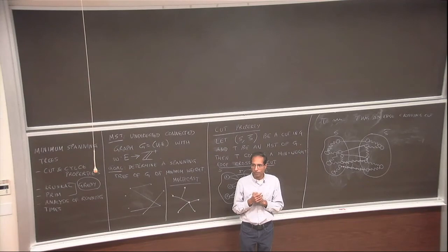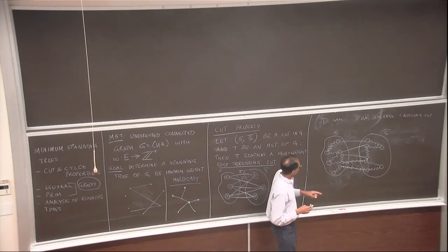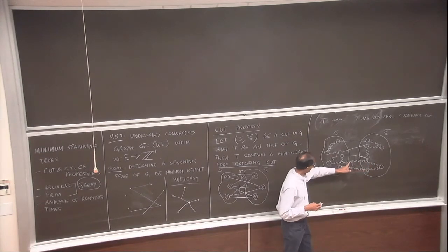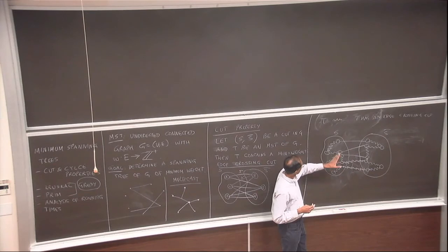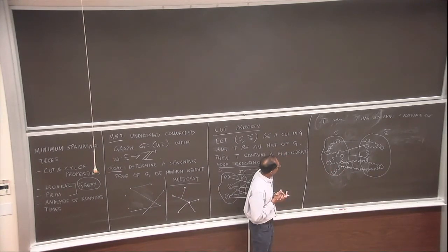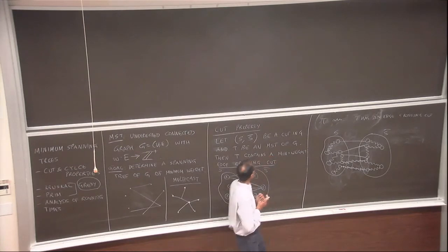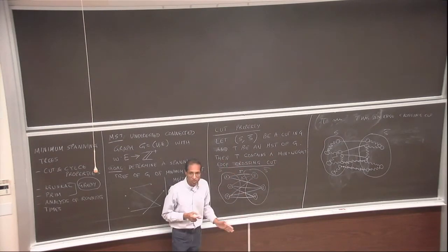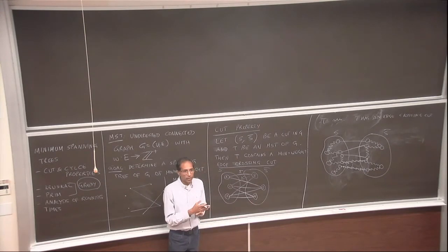So in this example, T has an edge crossing the cut, and T has another edge crossing the cut. Alright. So this is T. What do we want to prove? We want to prove that one of the edges that T has crossing the cut has least weight among all edges in the cut. That's what we're trying to prove.